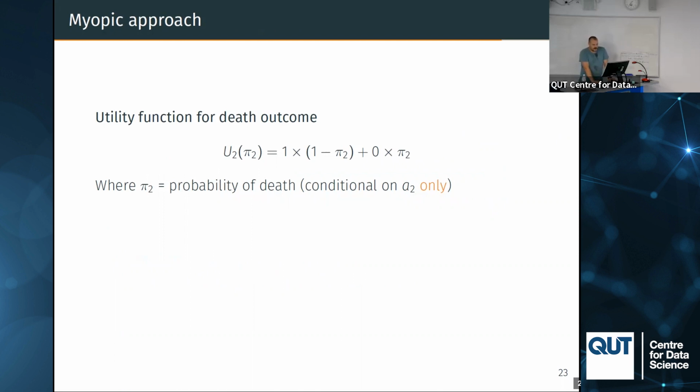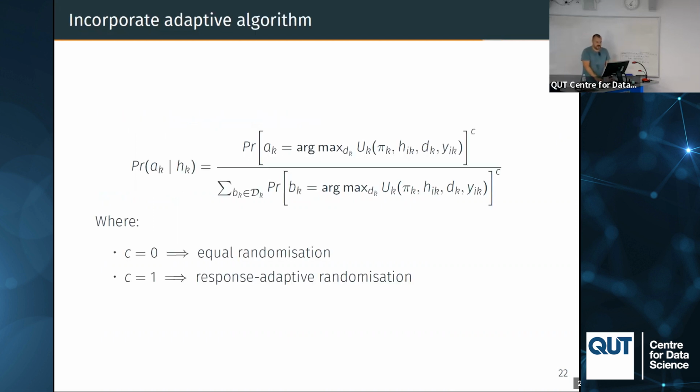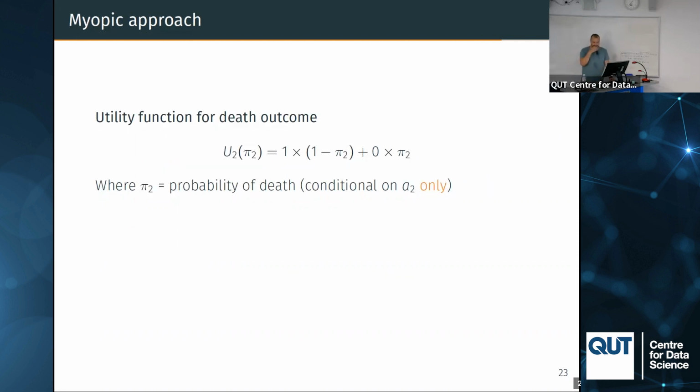So there's a myopic approach to doing an adaptive trial with this sort of SMART design. And I'm just describing it here to differentiate it from the dynamic approach, where these utility functions would be as they were described earlier, with the full backward induction step.